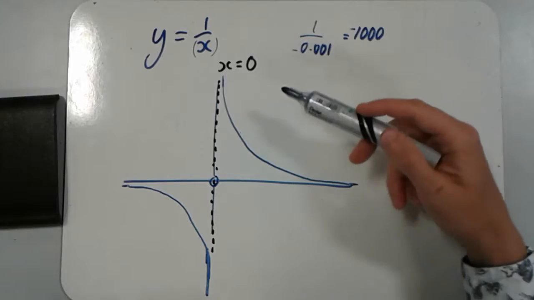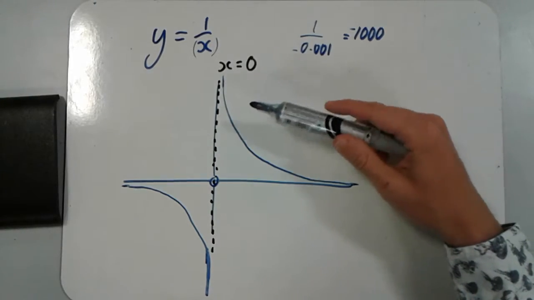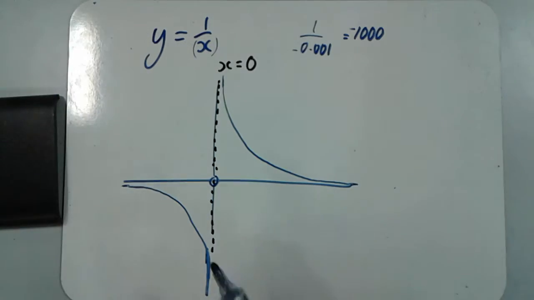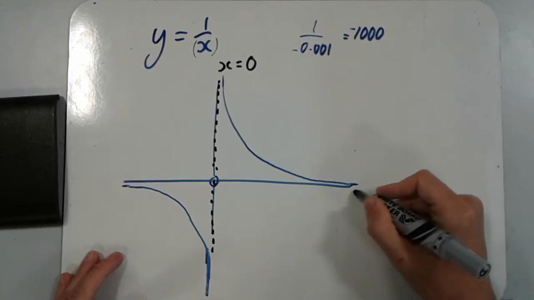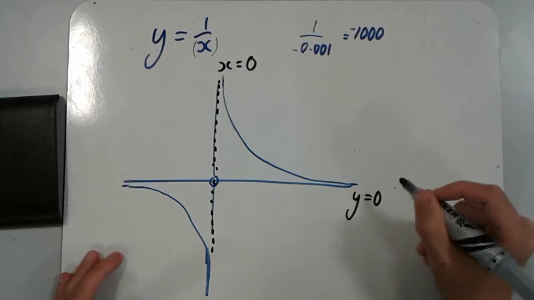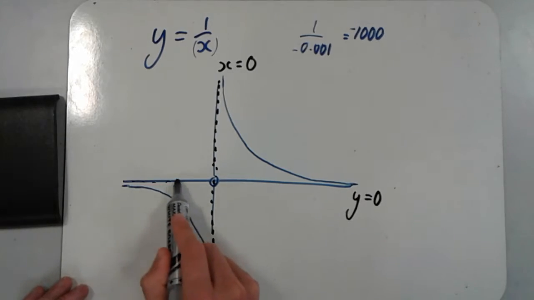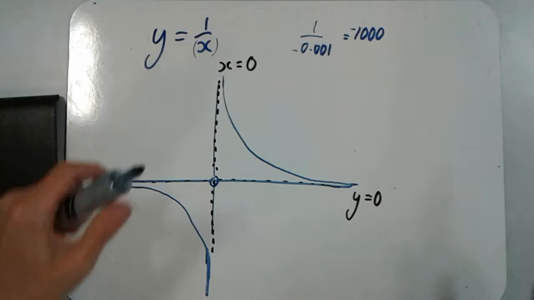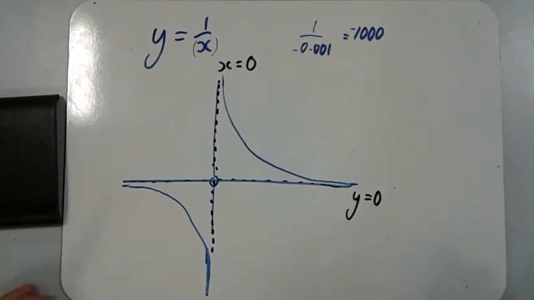So if we were to write down the equations of the two asymptotes to this graph, one was at x equals 0, as x can never equal 0, and the other would be y equals 0. Again, there's an asymptote there, as there's no x value we can put in to get y is 0.